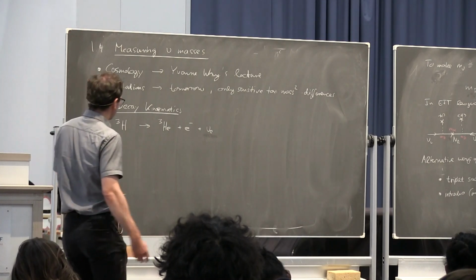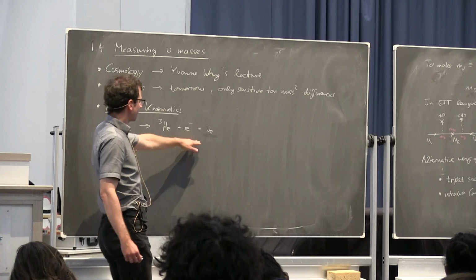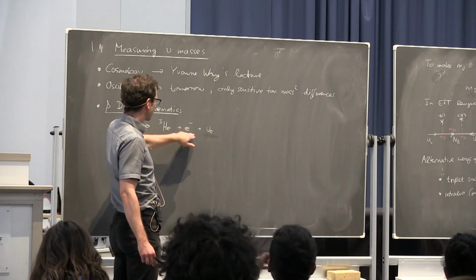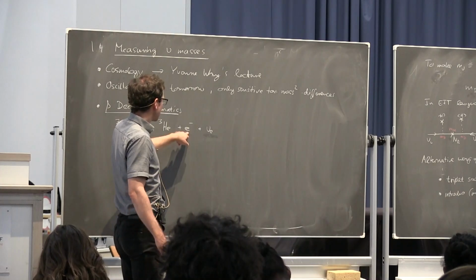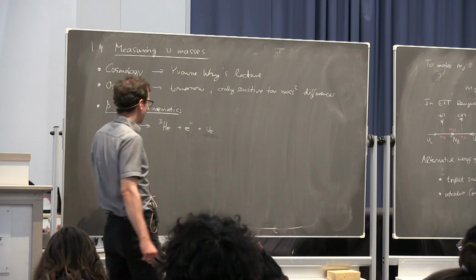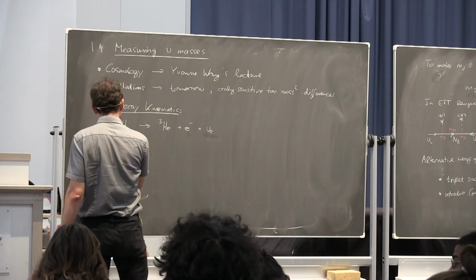Right. So the basic idea here is the neutrino obviously is very hard to detect, so we'd rather go for the electron. So the idea is to measure as precisely as possible the spectrum of these electrons from tritium decay.